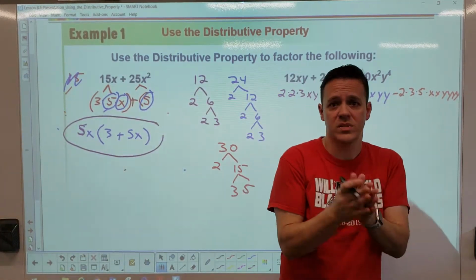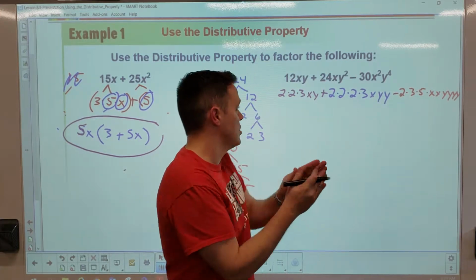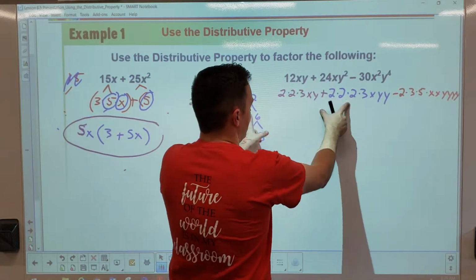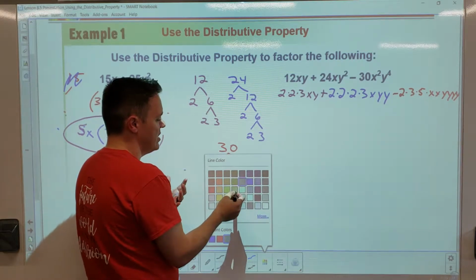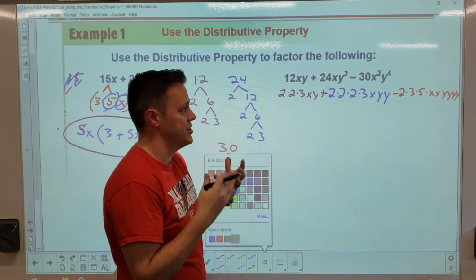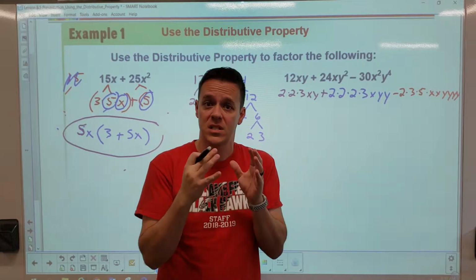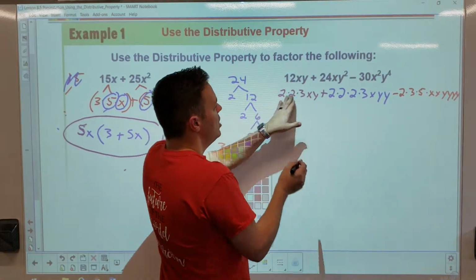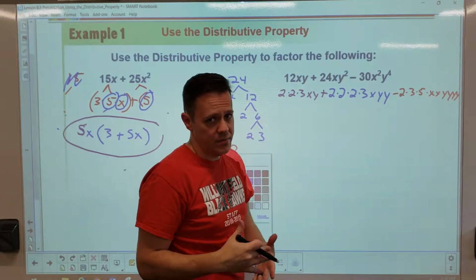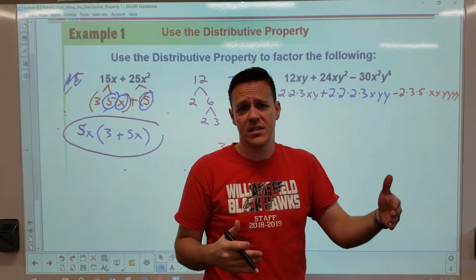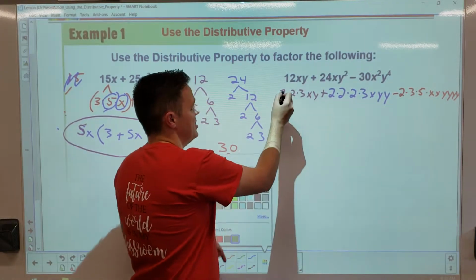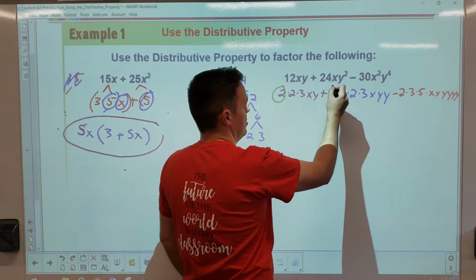So what we're doing is taking everything that was small and expanding it out to what we have. Now what you have to do is ask yourself which one of these shares the same similarities, what's the same properties? For example, always try to start with the first one, because once one of these is gone, you're not going to have a greatest common factor anymore. What do they share? They all share a 2.